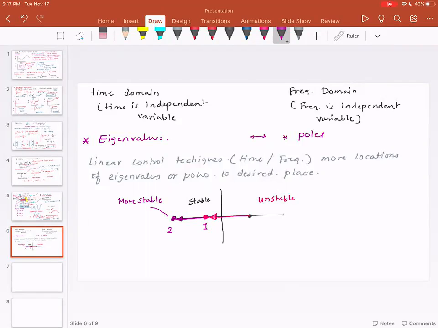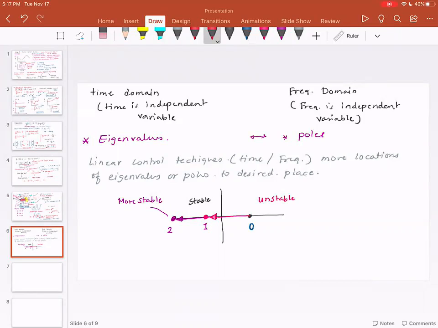So this gives me an interesting concept which is called the stability margin. Please understand, the system was unstable at, say, location 0.